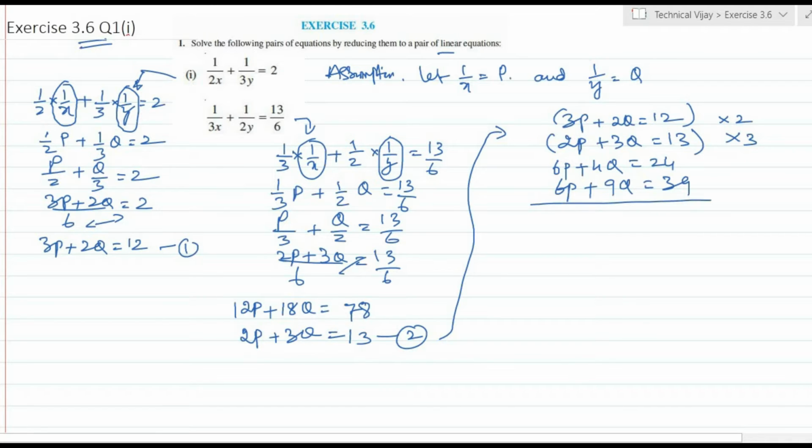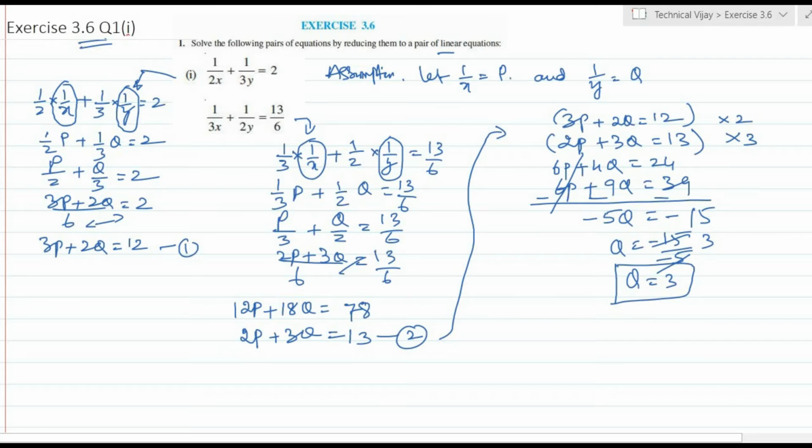These two equations we can subtract. 6p gets cancelled. So 4q minus 9q is minus 5q, is equal to 24 minus 39, which is minus 15. So q is equal to minus 15 divided by minus 5. So 5 threes are 15. So q is equal to 3.